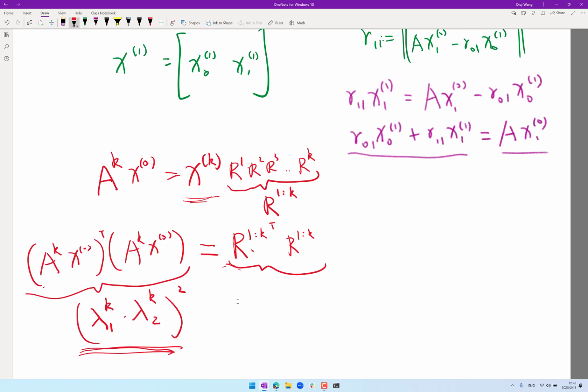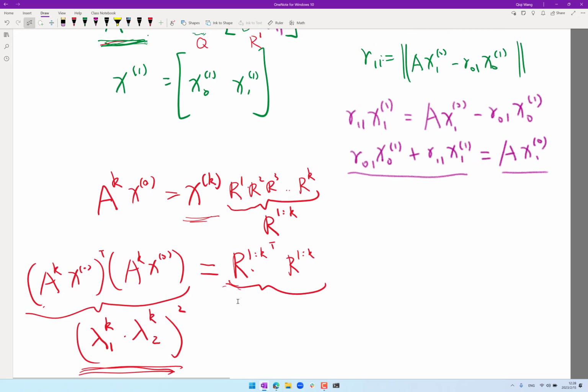Okay, and then you go back to our original algorithm, which computes the first eigenvalue. That allows you to infer what is the second largest eigenvalue.